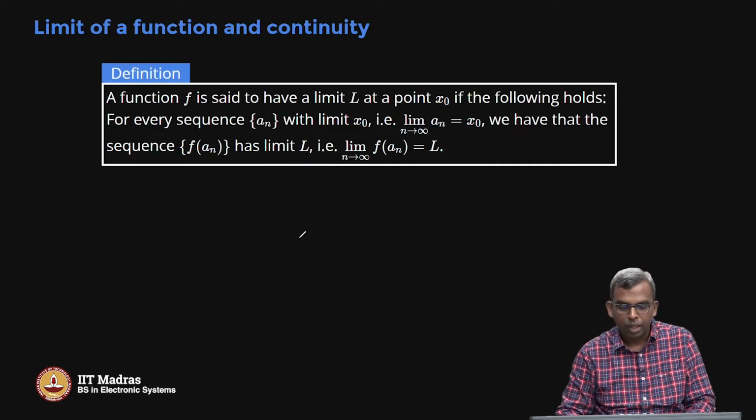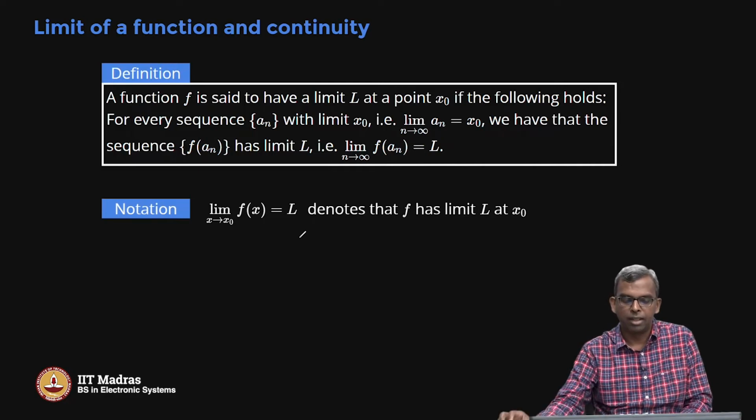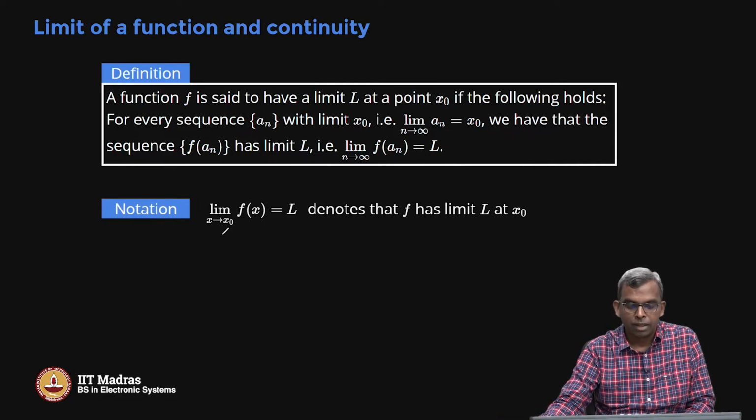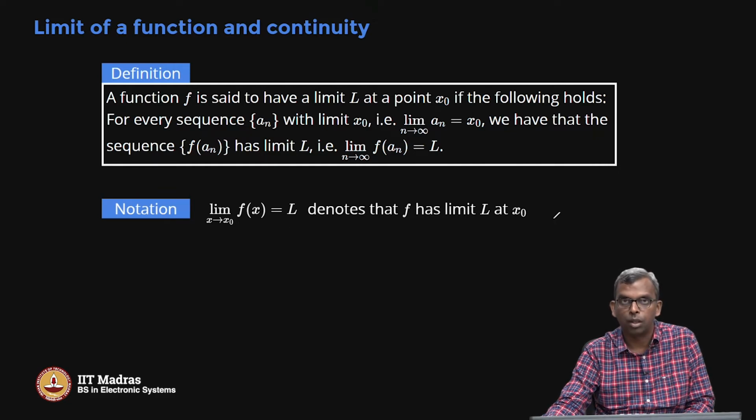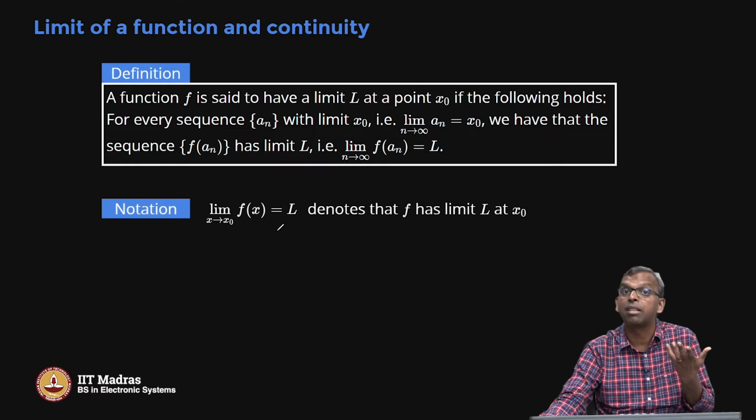Okay, now here is a new notation, which we are using for the first time. This is the limit of a function. We write: limit as x tending to x naught of f of x equals L, and that denotes that f has limit L at x naught. Notice that this notation doesn't talk about sequences, and sequences are not relevant here, because the definition already requires that for every sequence a_n with limit x naught, this has to hold.